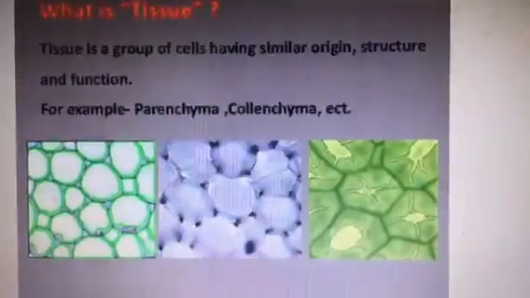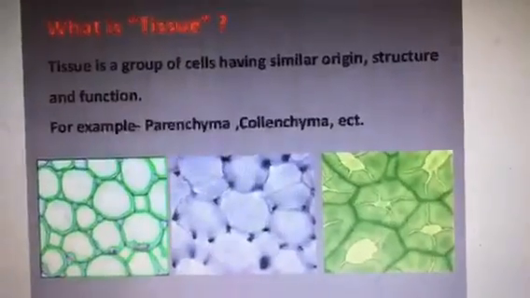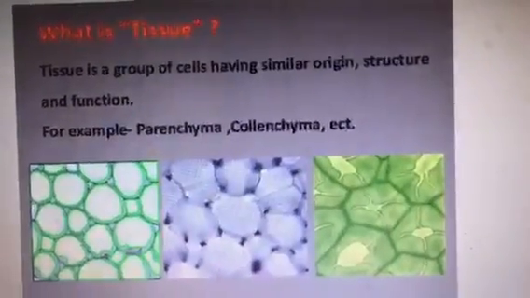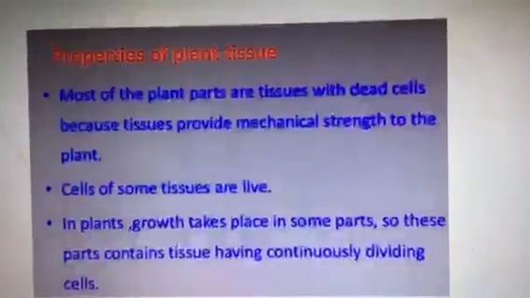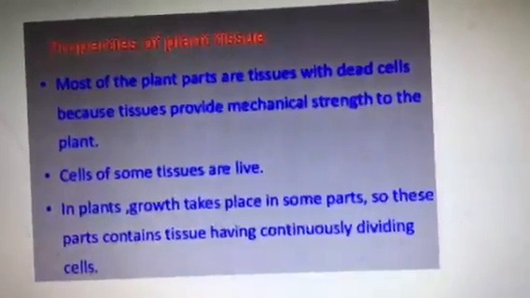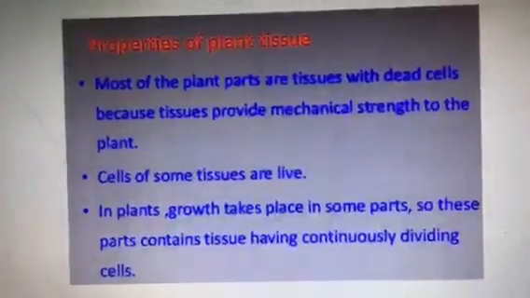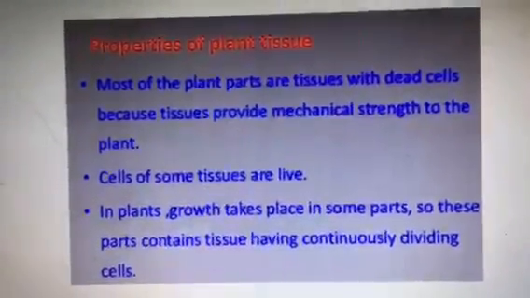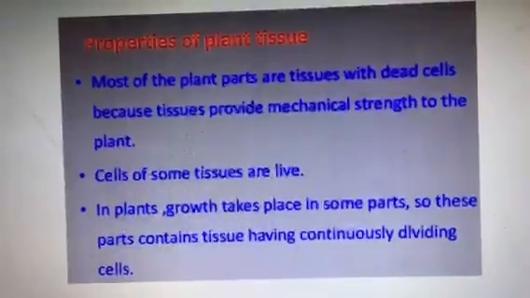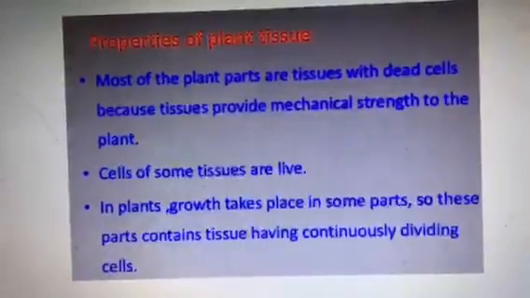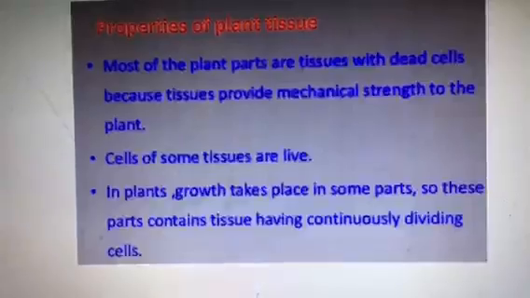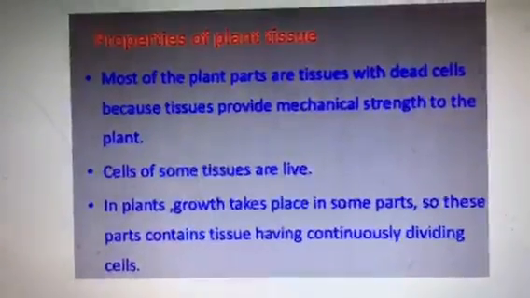In plants most of the tissues are living, and growth takes place in some parts, so these parts contain tissue having continuously dividing cells. For example, the tip part of the plant, root tip or stem tip.